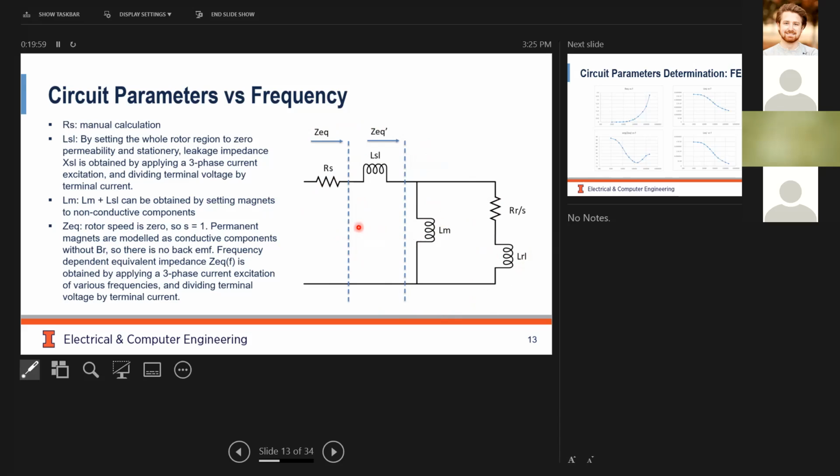If we sweep the frequency at which the excitation is applied, then we will have a curve which is the impedance versus the frequency. Then we will know RR and LRL for different frequencies.